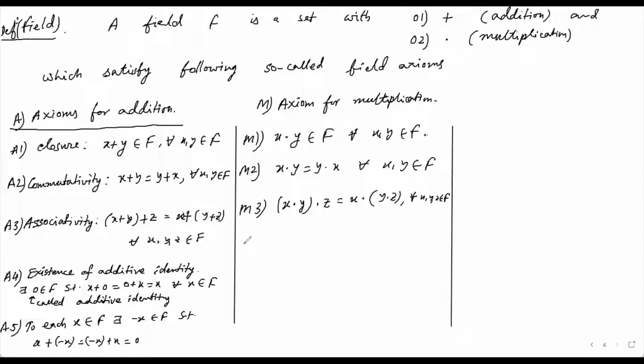And the fourth axiom for multiplication, M4, is the existence of multiplicative identity.